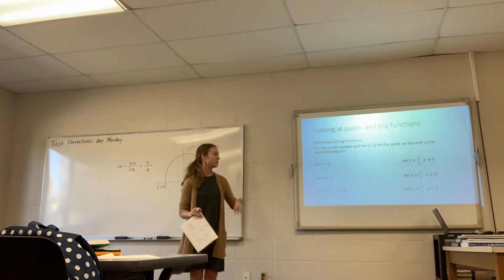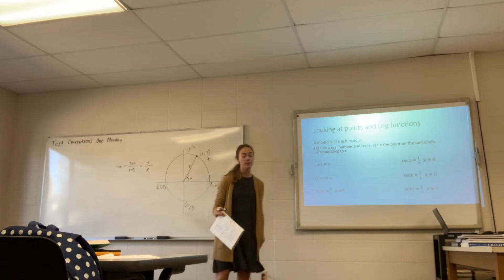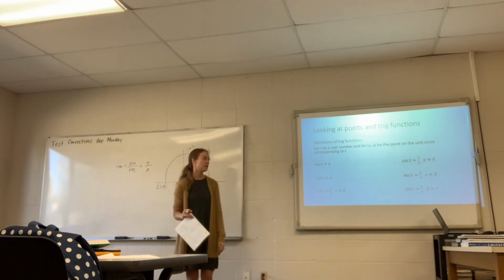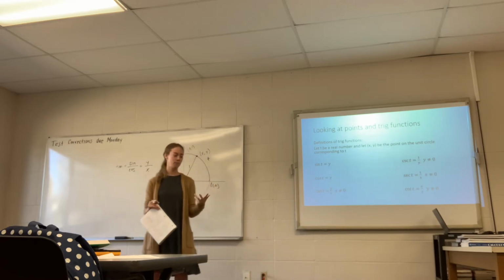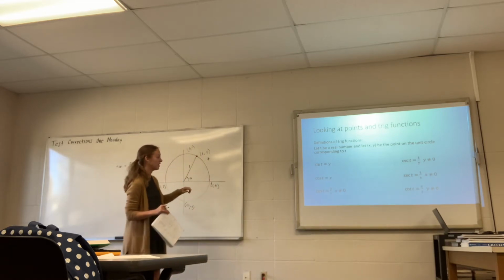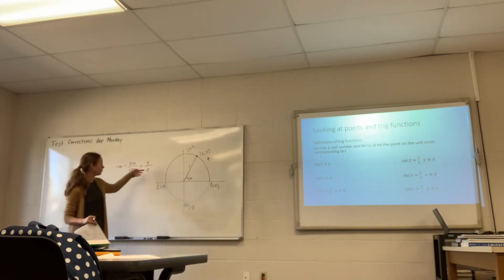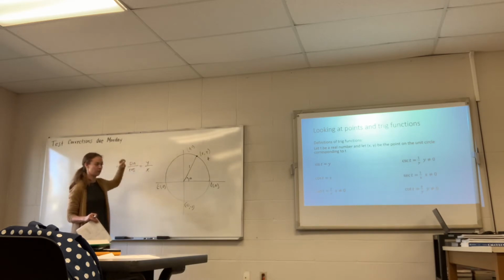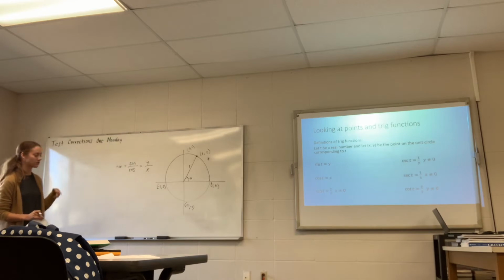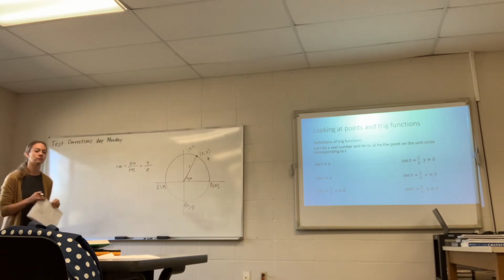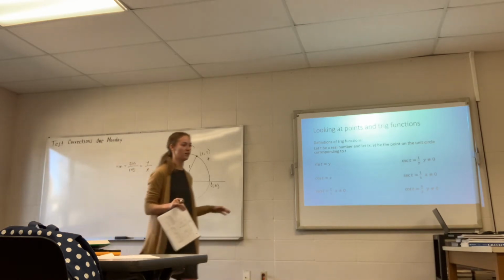If I asked you to find the secant, we'd have 1 over the x value. Obviously, we can't ever divide by 0, so those bottom values can't be 0. So sometimes you're gonna have undefined values, okay? And then cotangent would just be, for tangent, we had y over x. If we flip them, just like Jasmine was saying, kind of doing the inverse, we have x over y, okay? All right, questions on this?